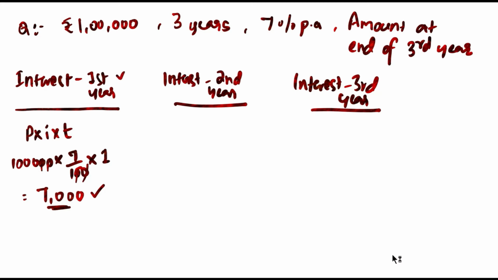Hope this is clear. Now tell me, what is the principal for the second year? So it goes like this. So principal is equal to, it's not 1 lakh, we have to add the compound interest what we calculated for the first year. Simple. Add 7000. So our calculated new principal for second year is 1,07,000.